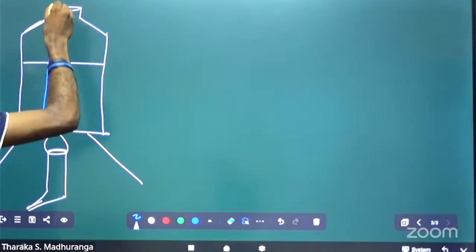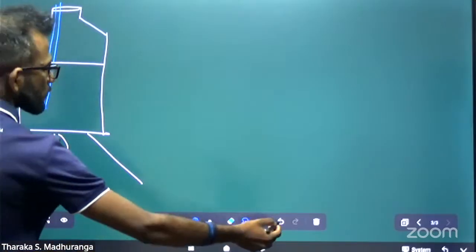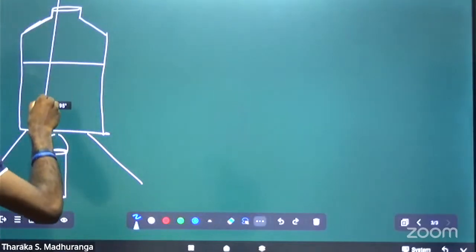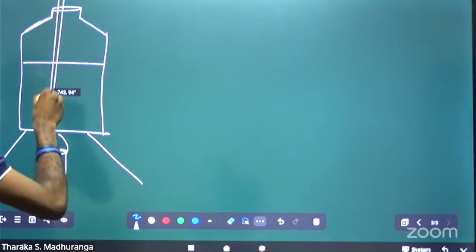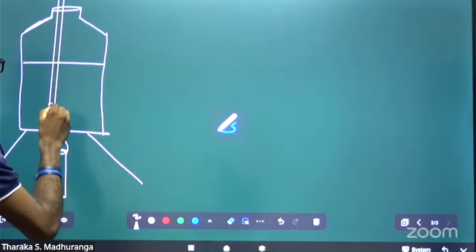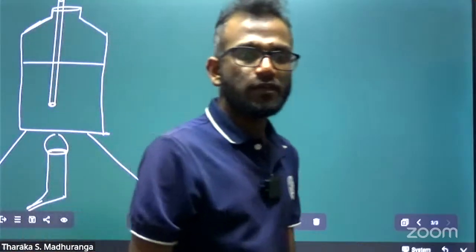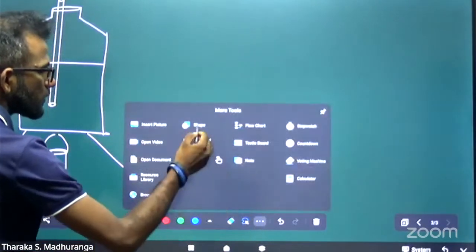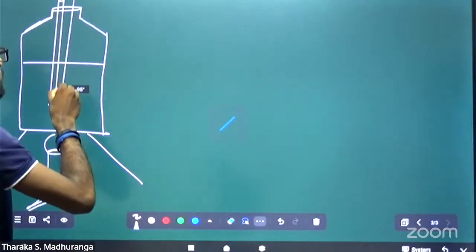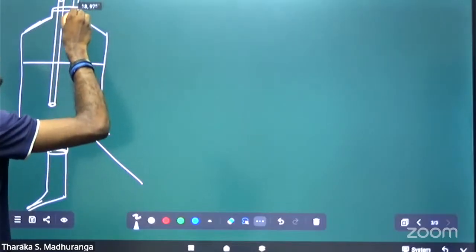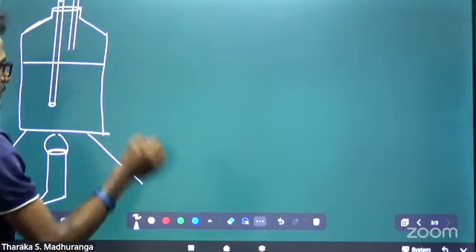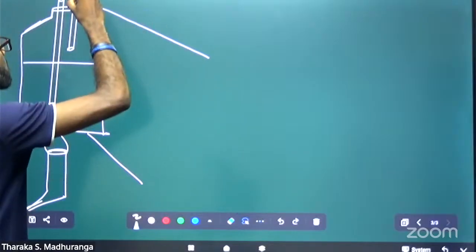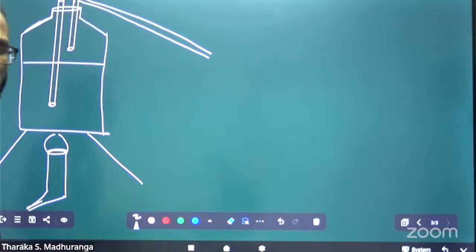Sorry, I'm drawing shapes. Okay, this is one line that we call the pressure controlling pipe, and we need another line.